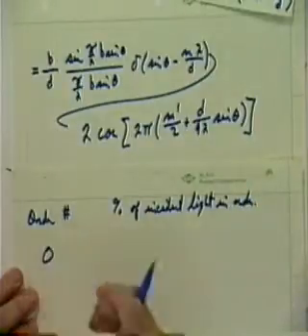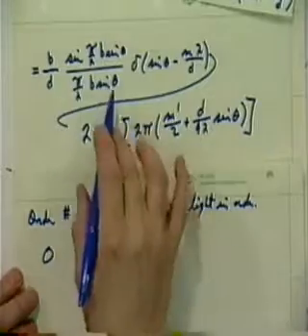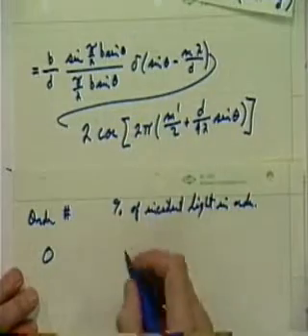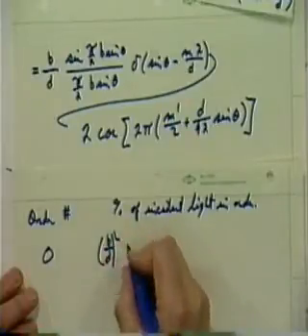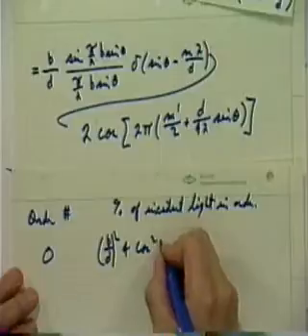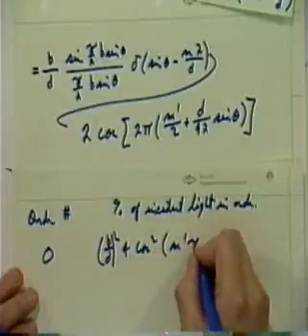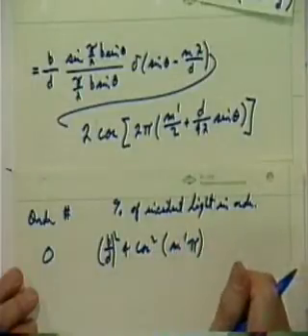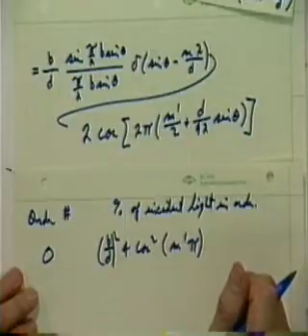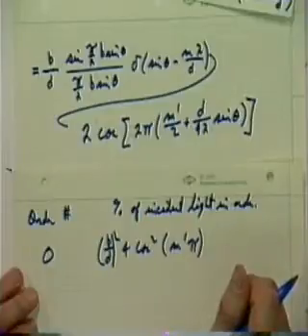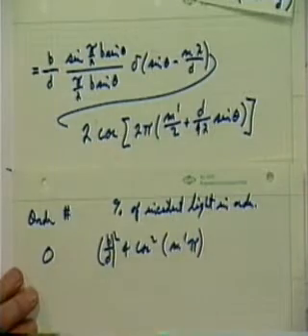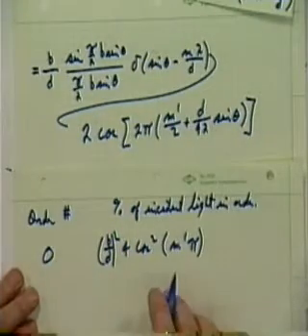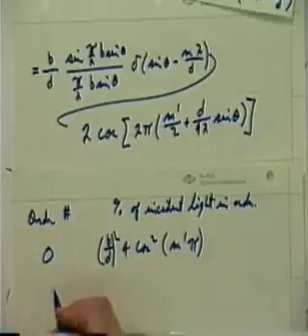So order number is 0. Put in m is equal to 0. Go up to this expression here and then square it. We're going to get (a b over d) squared times 4 cosine squared of m prime pi. And we'll come back to that in a second, or maybe in a week, depending on how much time we have here.